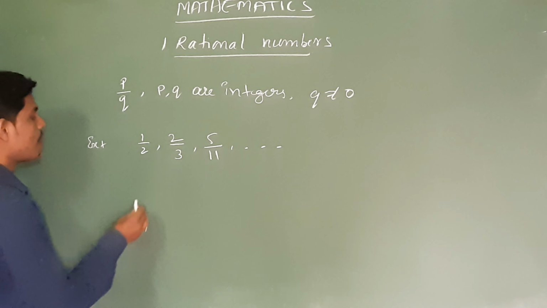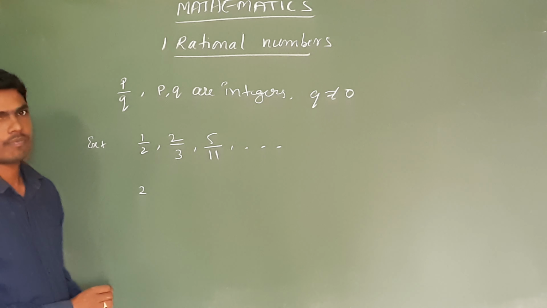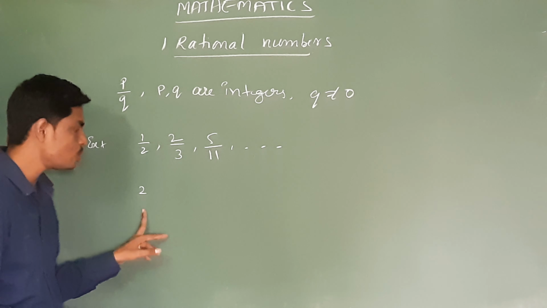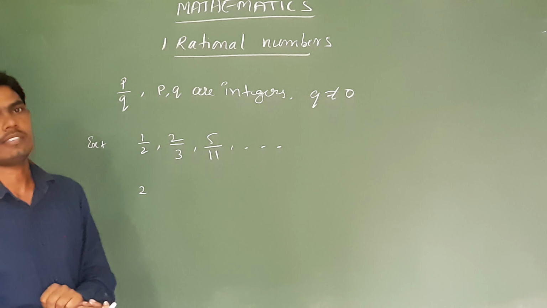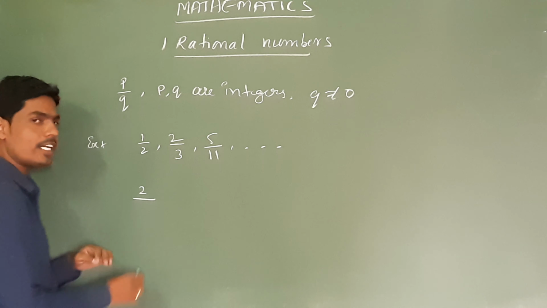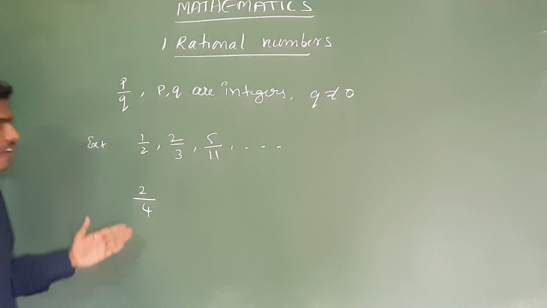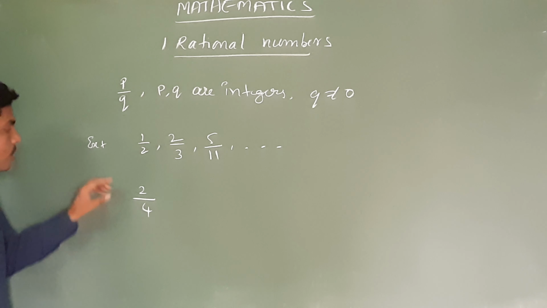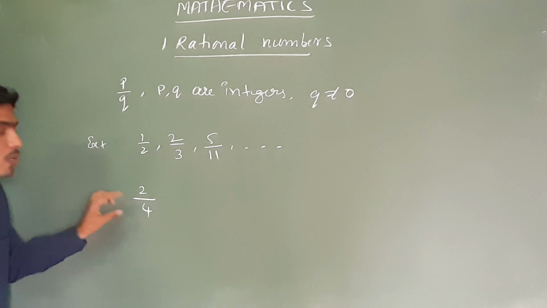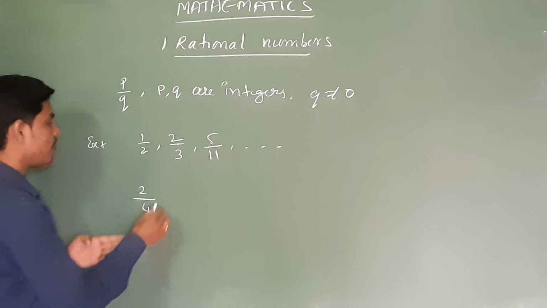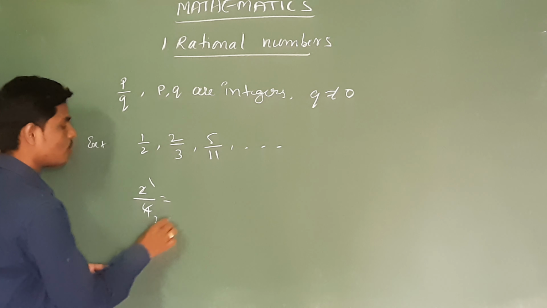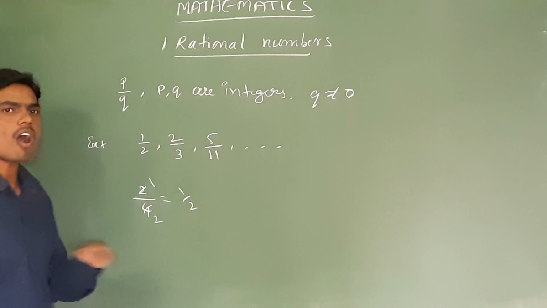Why? For example, I have 2 chocolates. I want to distribute these 2 chocolates to 4 children. So I need to divide by the number of children: 2 by 4. Each one will get 1 by 2, half of the chocolate.